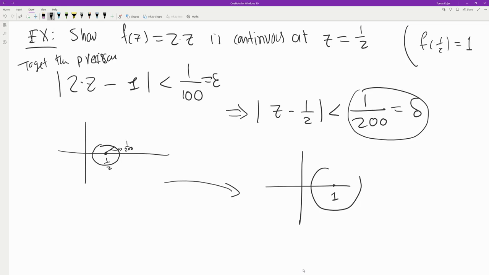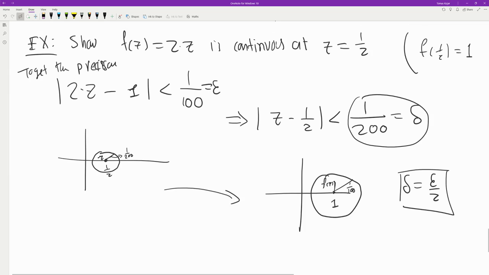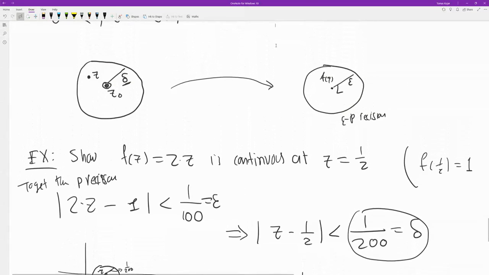It will get mapped to a ball 1/100. Okay. So you're 1/100 close. All right, but here I could have left everything with epsilon, so you get that the delta is epsilon over 2. Okay, so the function has the limit.